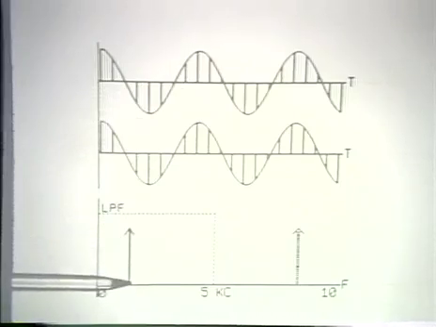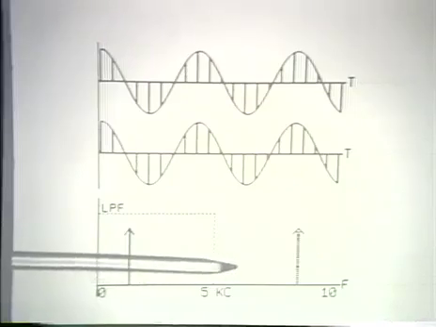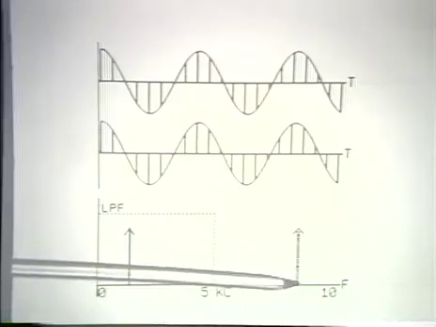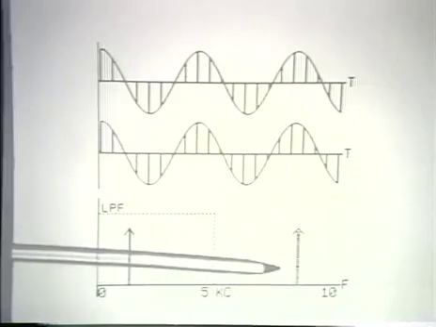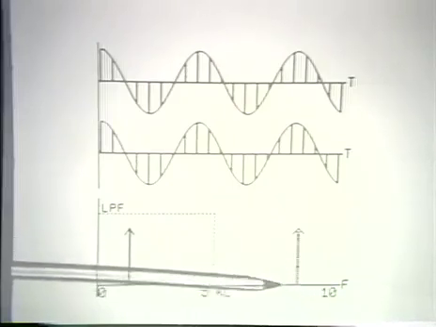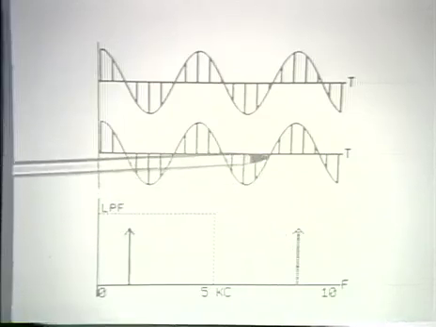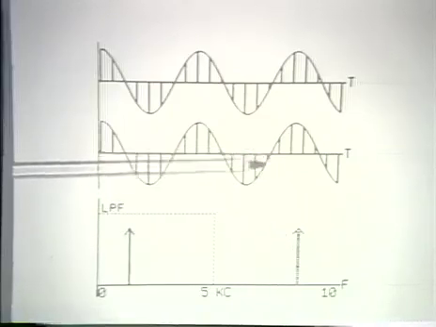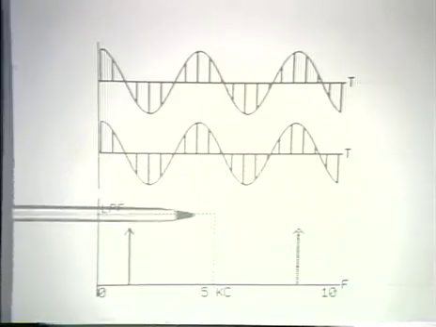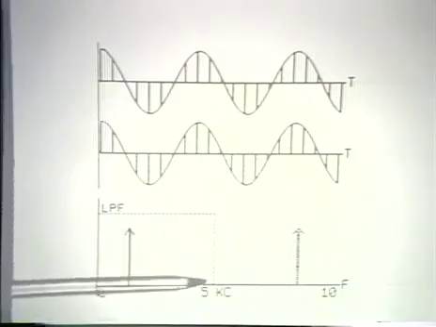I haven't shown negative frequencies here, but the contribution due to the negative frequency is at 10 kilohertz minus the input sinusoid. We then carry out a reconstruction with an ideal low-pass filter, and the ideal low-pass filter is set at half the sampling frequency, or 5 kilohertz.